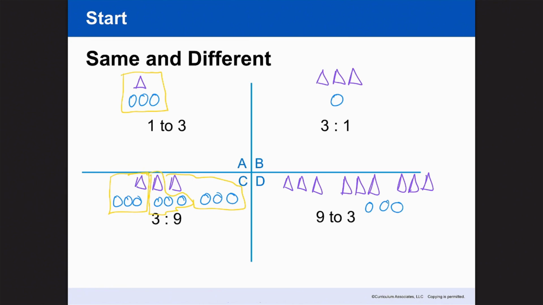So A and C are the same. They are equivalent ratios. Now looking over at B and D, I see that I have 3 triangles for every 1 circle. So that's 1 set. Here I can see 1, 2, 3 sets. So these are also equivalent. So B and D are the same.